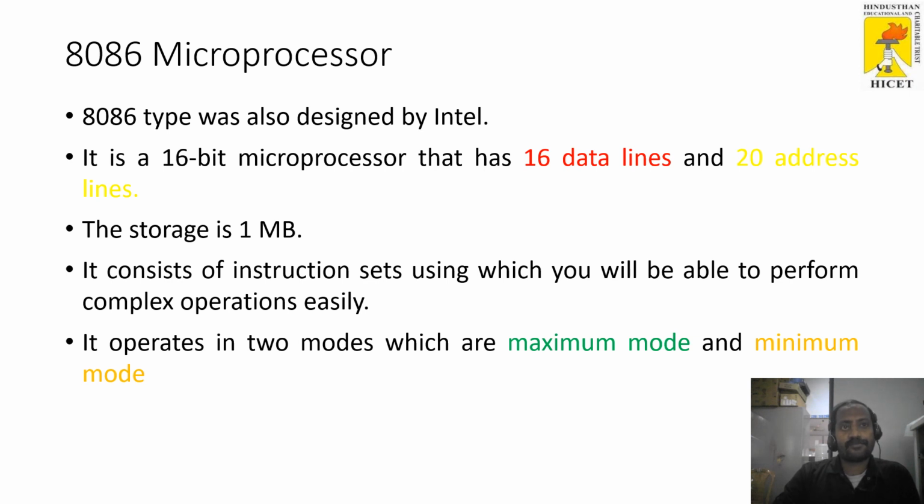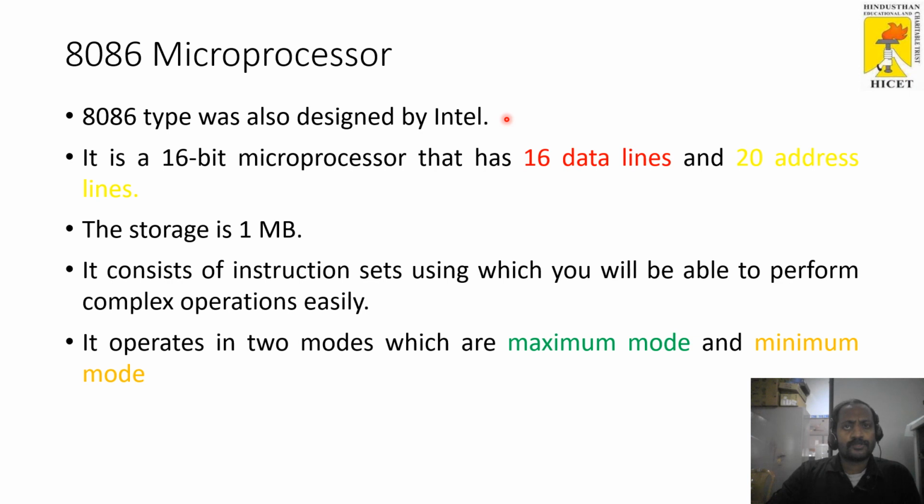It has a powerful instruction set which provides operations like multiplication and division. It was the first 16-bit microprocessor, having a 16-bit ALU, a 16-bit register internal data bus and a 16-bit external data bus, resulting in fast processing.